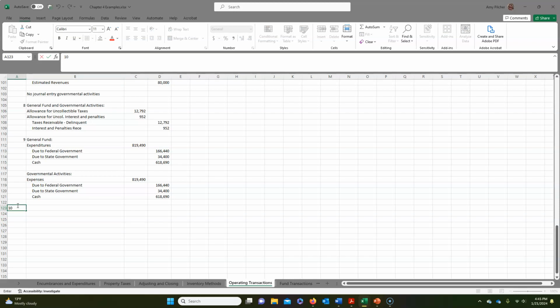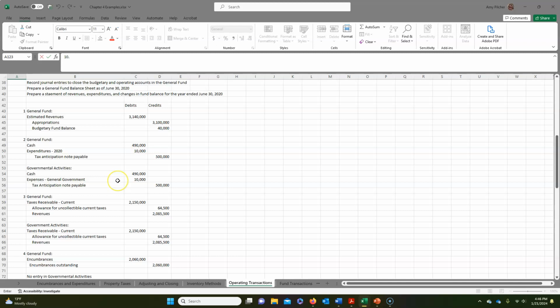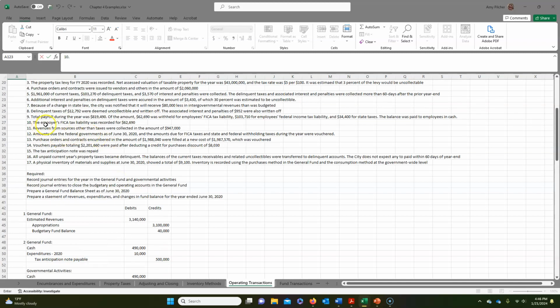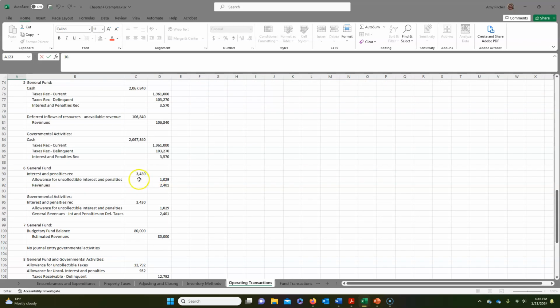Transaction 10. We're almost done with our transactions, and then I'll go to another video for the 2 financial statements so these videos don't get too long. So transaction 10, our FICA tax liability was recorded for $62,690.